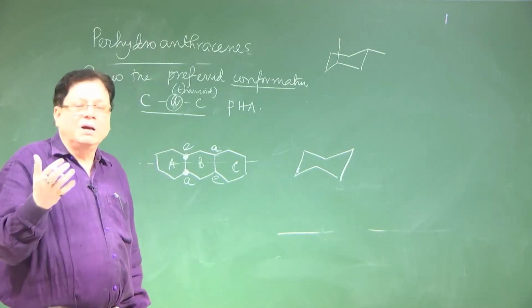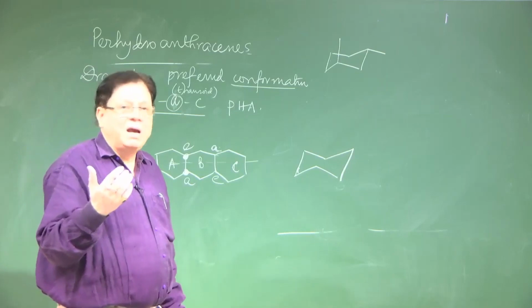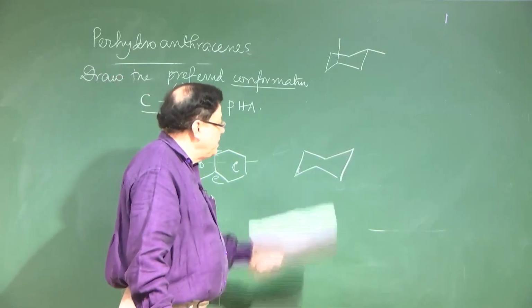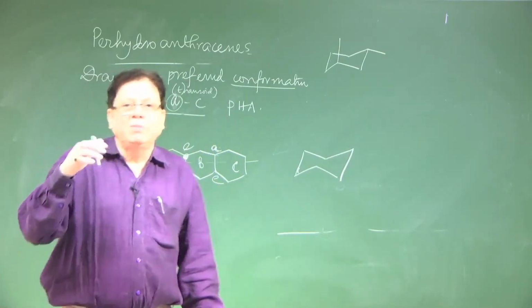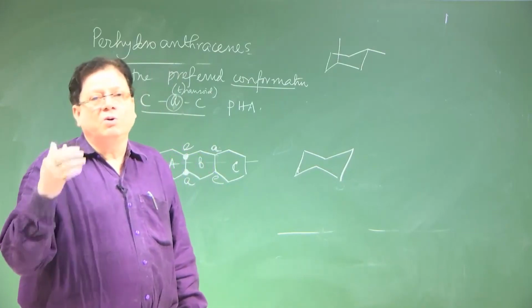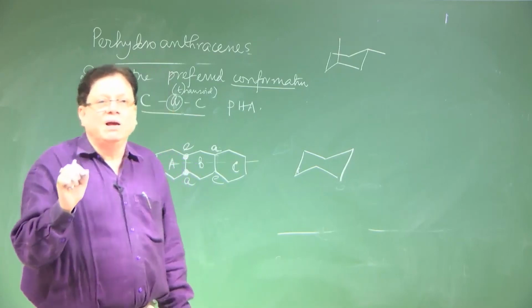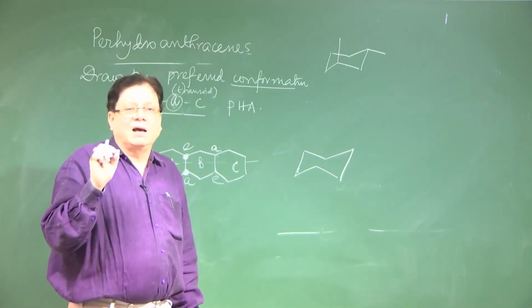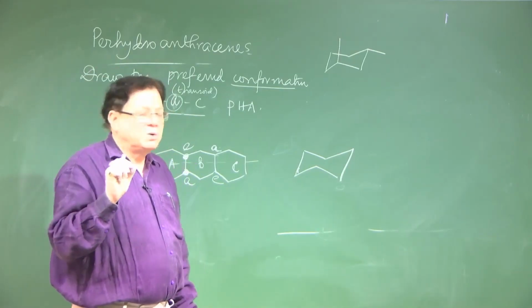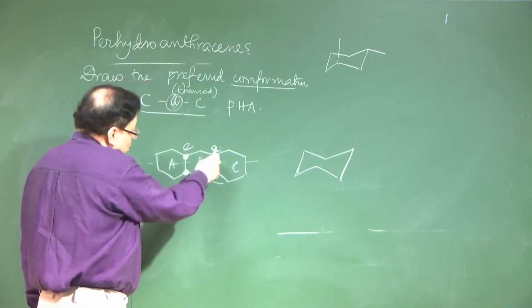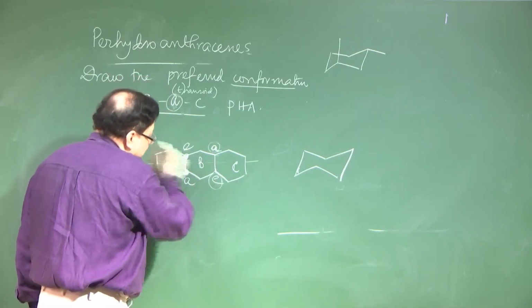But you can come to that conclusion anyway: even if you draw the B ring as a chair form, you will have trouble later on to construct either the A ring or the C ring. When you have these problems, you can immediately realize that the B ring has to be in the twist boat.